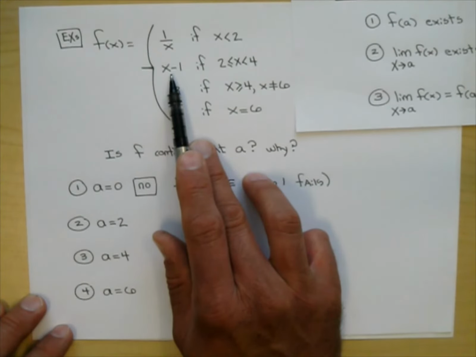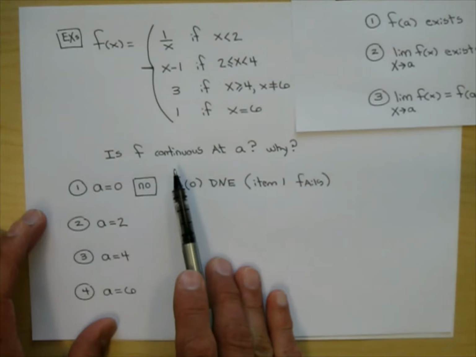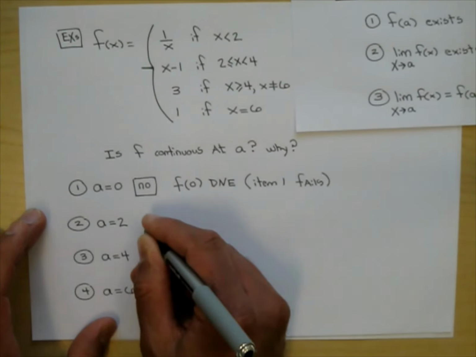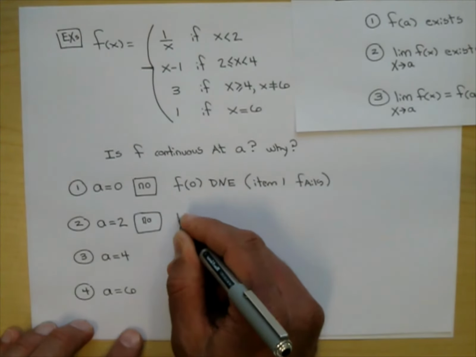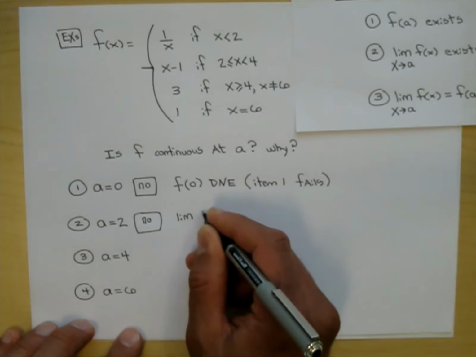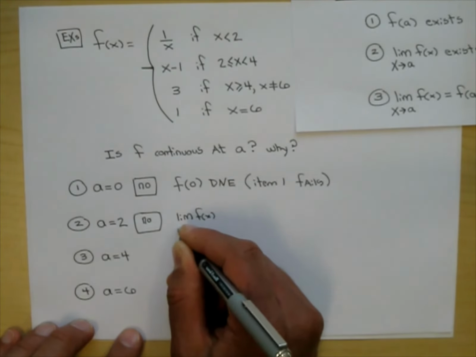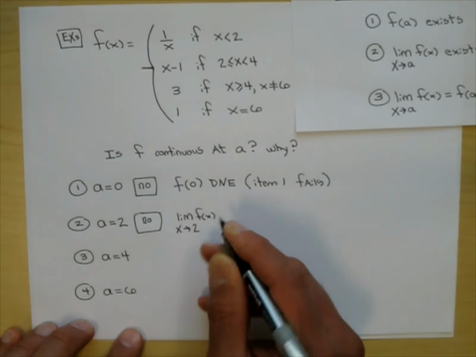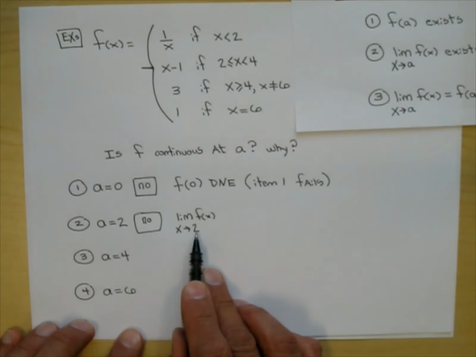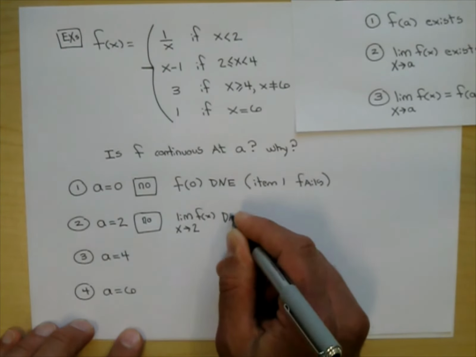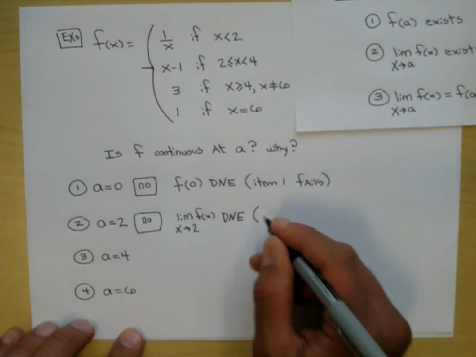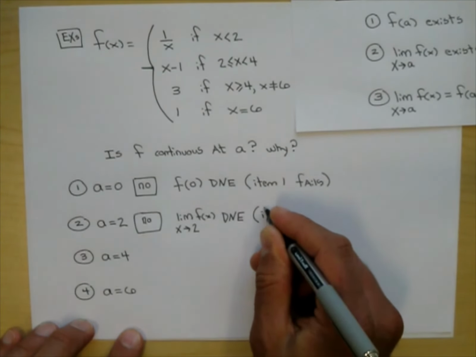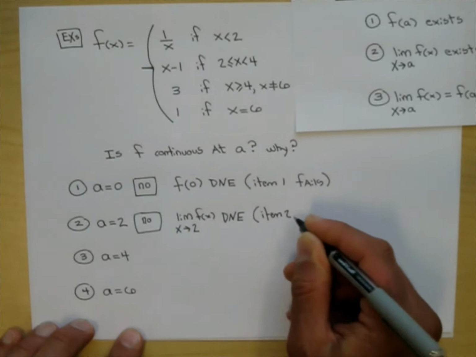So the limit does not exist. So is f continuous at 2? The answer is no. It's because the limit of f as x approaches 2, and we covered doing this in the last section, this does not exist, or it could have been a few sections ago. So this would mean that item 2 fails.